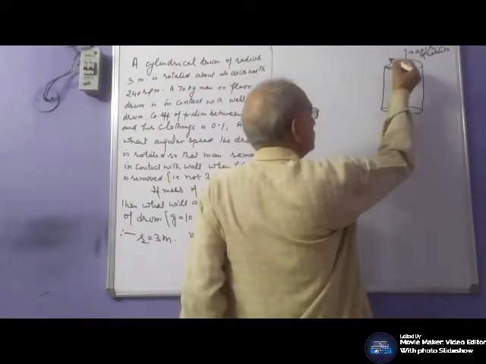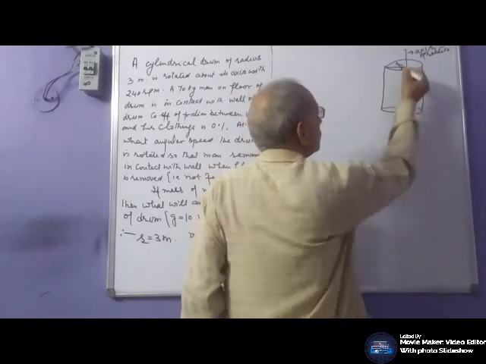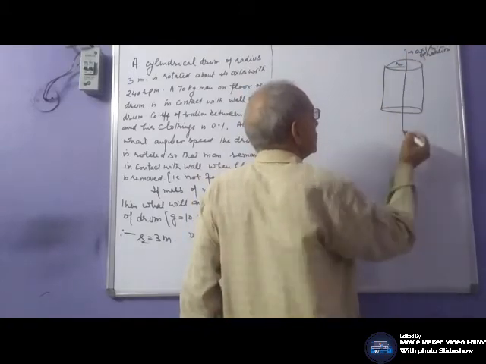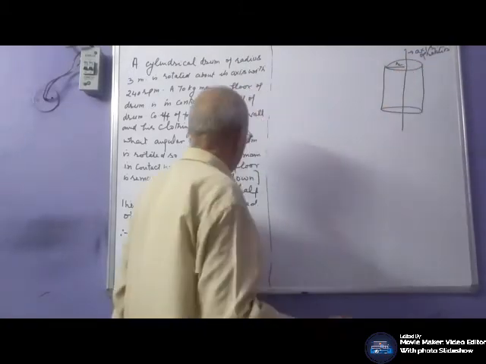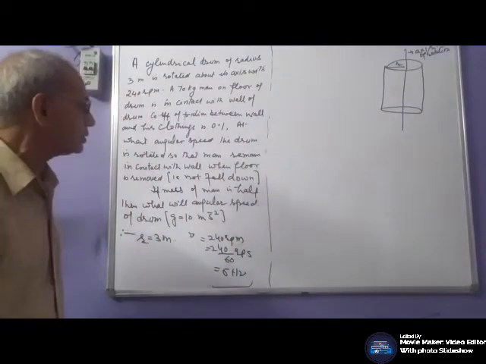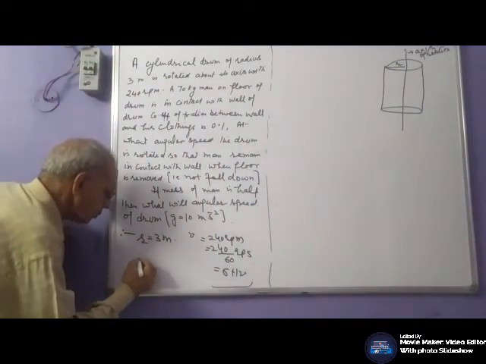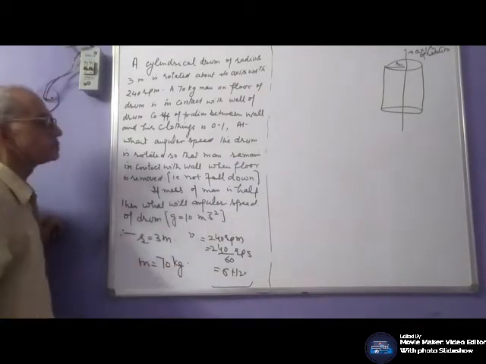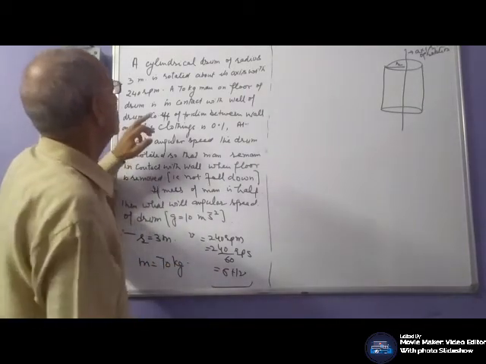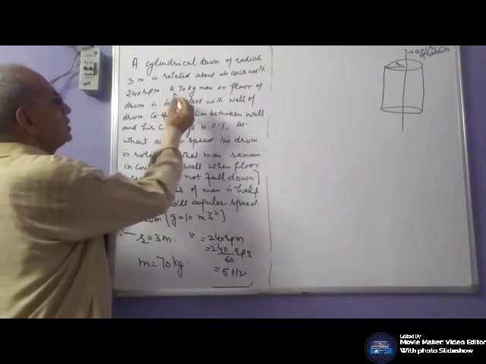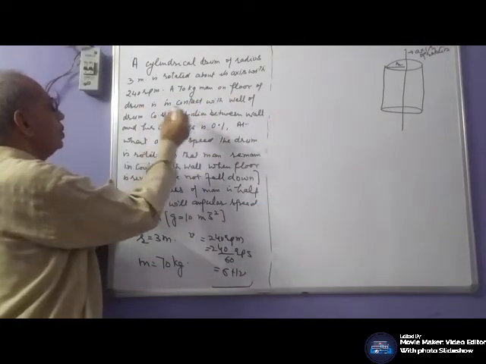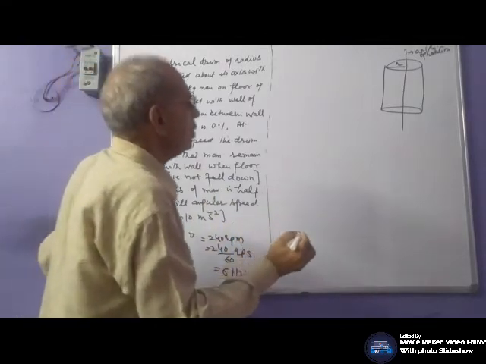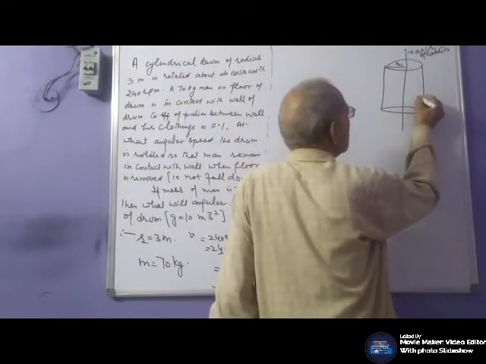This is a cylindrical drum. This is the axis of rotation. The radius is 3 meter. It is revolving with this frequency. Mass of man is 70 kg. A 70 kg man on the floor of the drum is in contact with the wall.